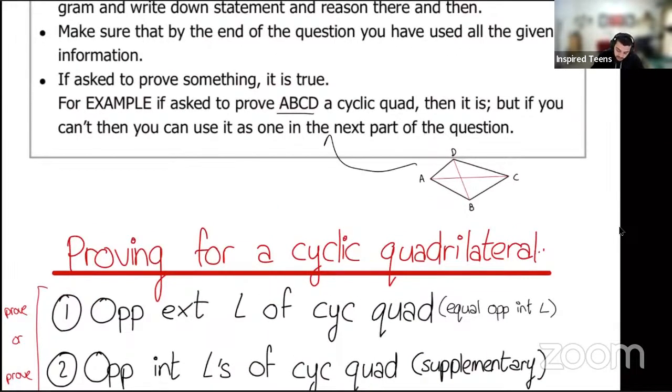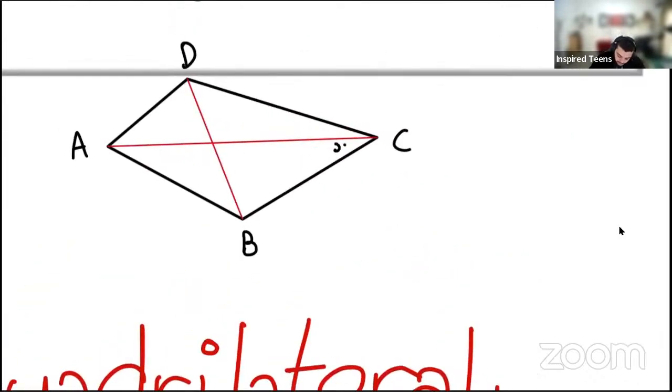So this is for this, right? I know that ABCD is a cyclic quadrilateral, but I haven't proven it. So for example, if this is given as X, right now I cannot say that this is X. And I can't say, okay, D1 is equal to C1, angles in same segment, they both equal X. Right now I cannot, because that is me using the properties of a cyclic quad, which I have not proven yet.